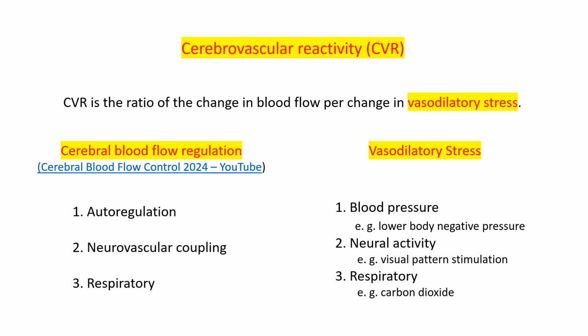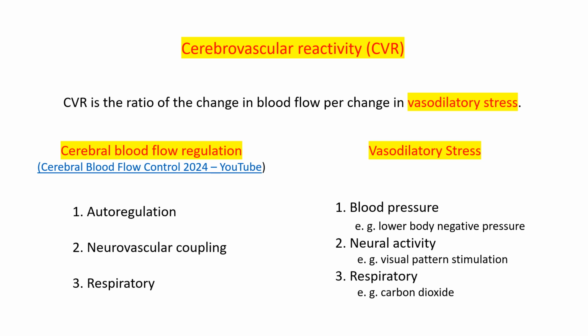The second is termed neurovascular coupling, whereby blood flow to a region is increased during increased metabolic and neuronal activity. And finally, the respiratory chemoreflex control of breathing attempts to keep oxygen supply and carbon dioxide elimination constant in the face of environmental changes, in order to control the arterial blood content supplying the brain.